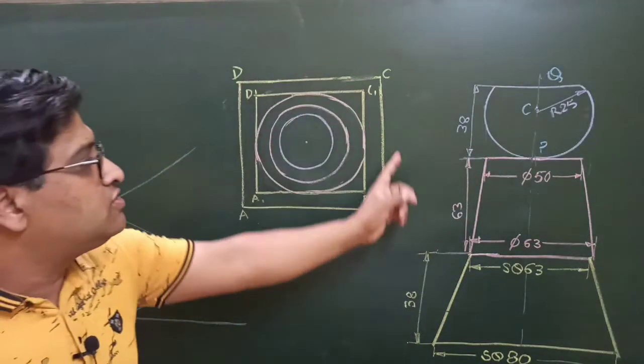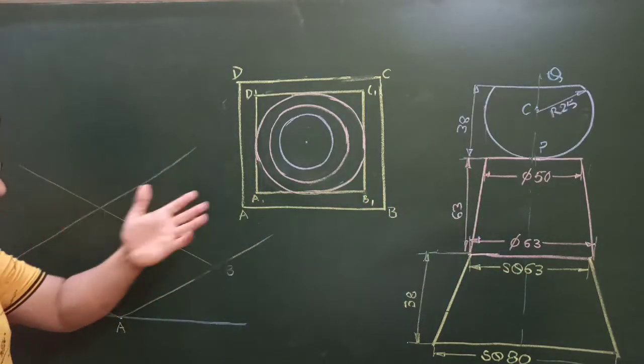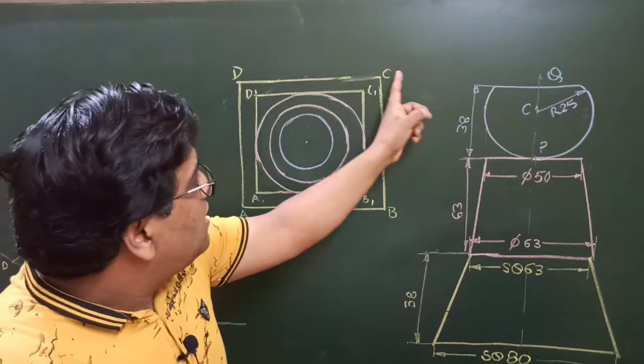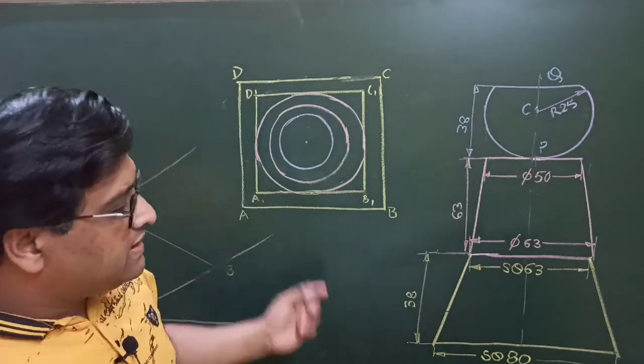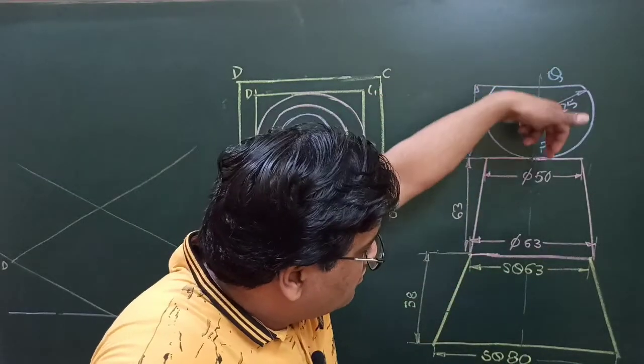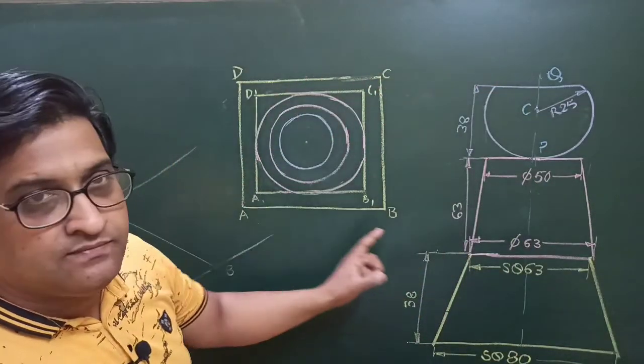Here I have drawn the top view of this solid. Let us first understand what it is. This outermost yellow square is this 80 mm square. When we are looking from the top, this 80 mm square looks like this.